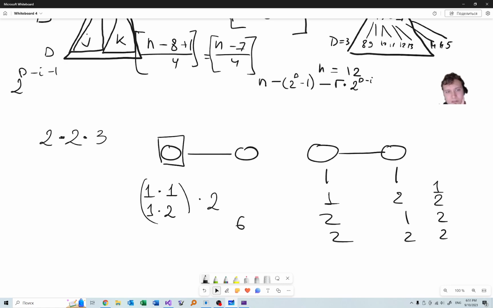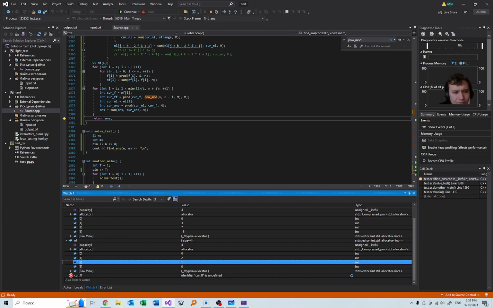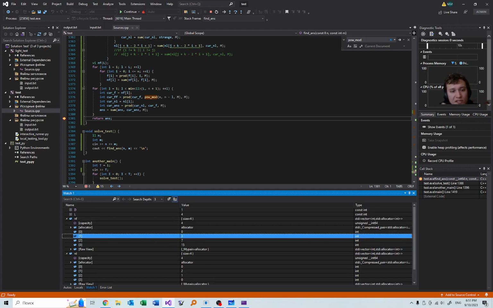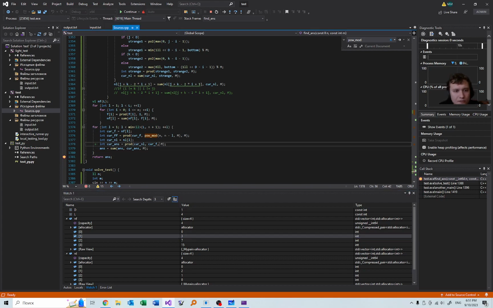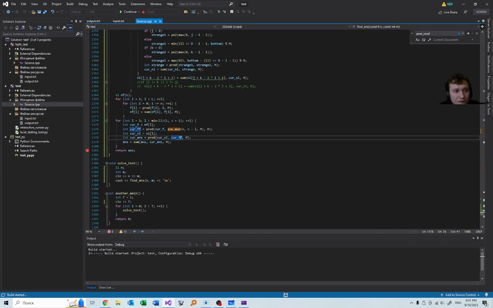Yes, so actually, it should be 6, not 3. Why is it 3? Ah, sorry. It should be car FF here. Of course it should be car FF here.